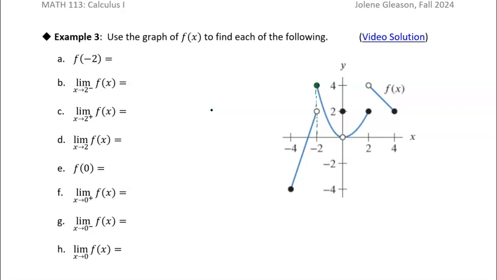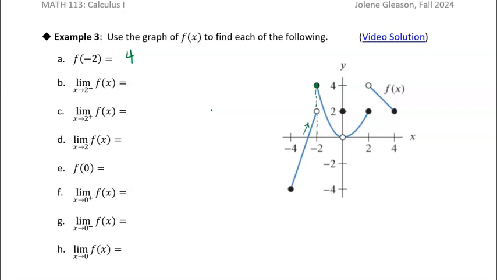So we can say that f of -2 is 4, because the solid circle is there. Now, the limit as x approaches -2 from the left, from the negative side of the axis.